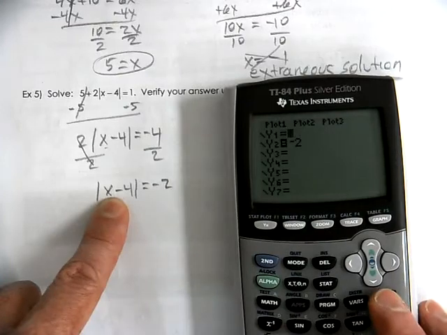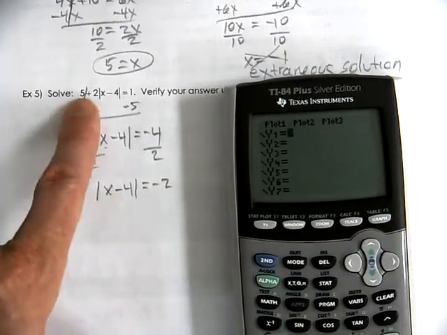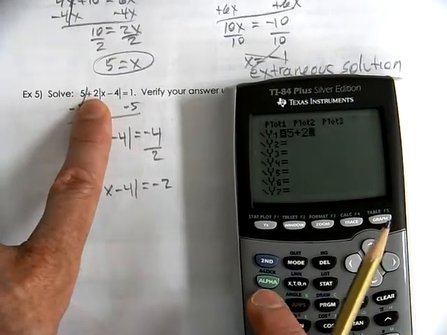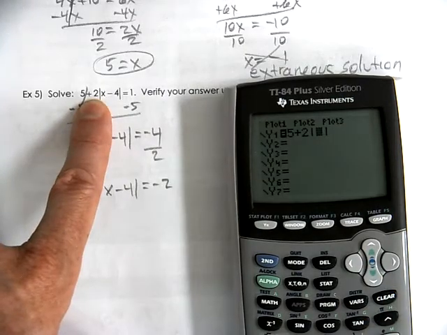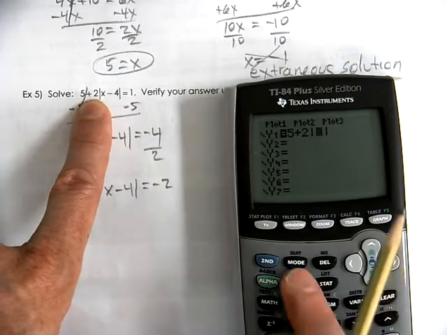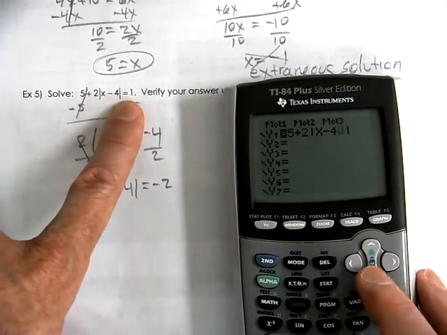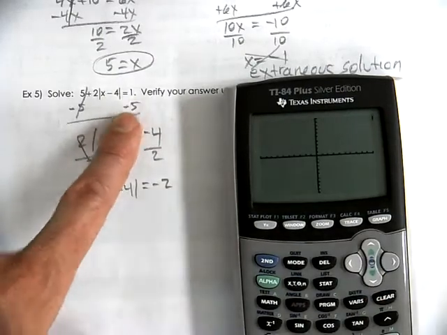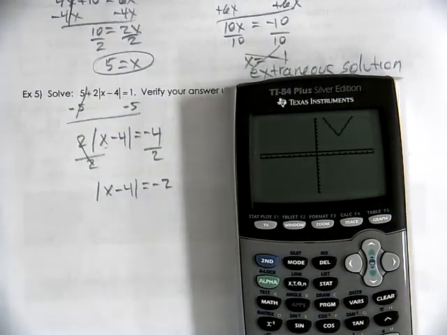You could even come up here and type in the original equation if you would like. Math over to absolute value and do x minus 4. And then we want to see that second equation be a 1. And I presume that that's not going to cross at 1. There's no real solution either way you look at it.